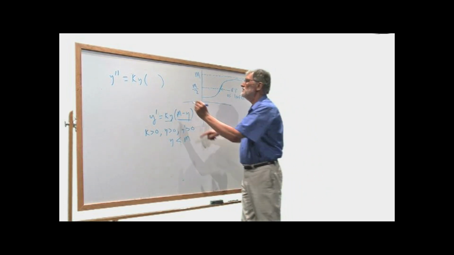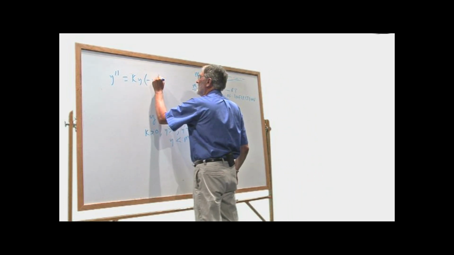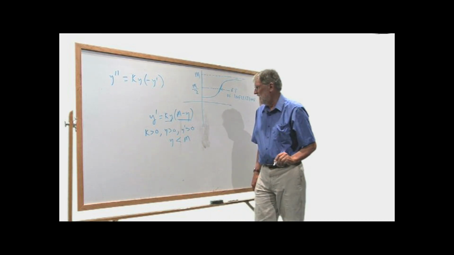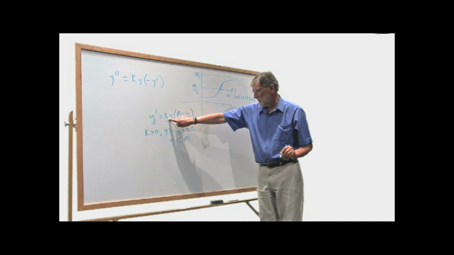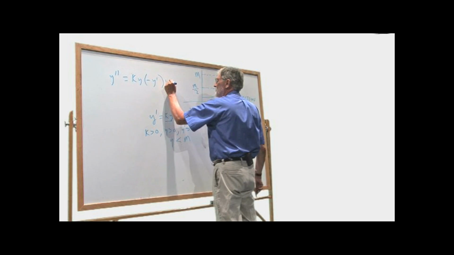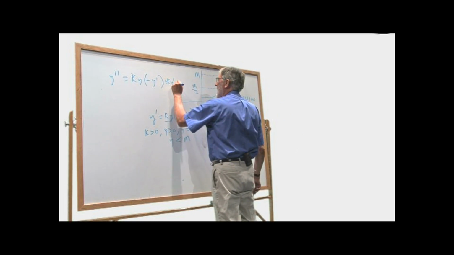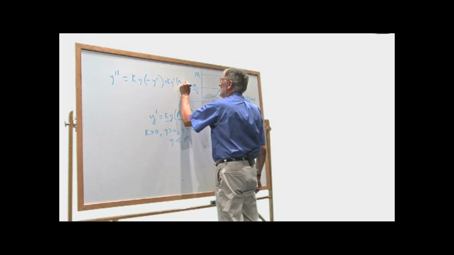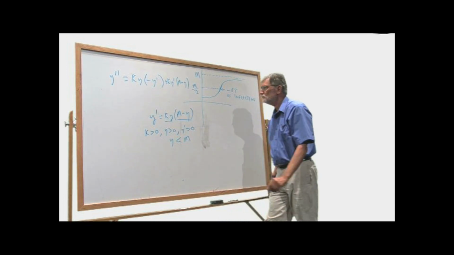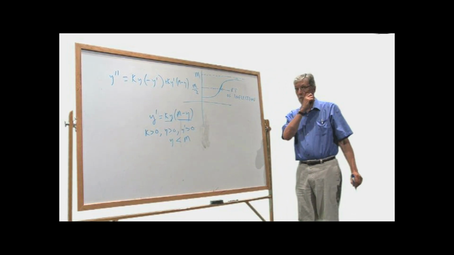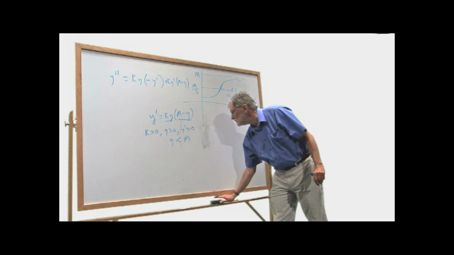The derivative of this is just going to be minus y prime. And then you take this times the derivative of this. So that's going to be ky prime times m minus y. Okay? So there's y double prime.